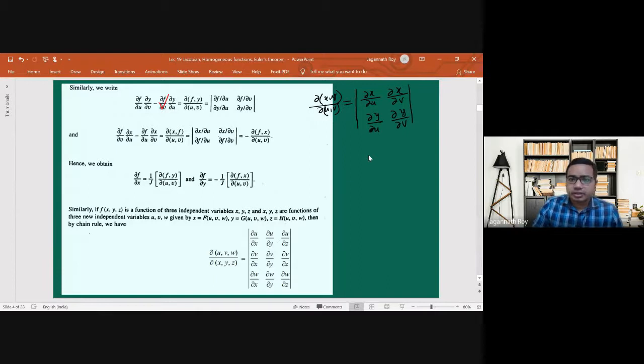So in place of x, we are substituting f. So this one will be del of (f, y) over del of (u, v).